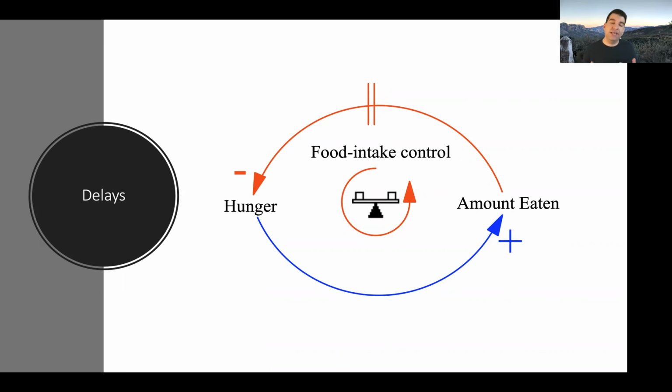You might say, you know what, I think I'm still hungry, when in reality, you have enough food to satiate your hunger, but there is a delay from the point where the food enters your system to the point where you actually experience relief from the hunger. And because of that delay, you can overshoot how much food you need to eat to relieve your hunger and overeat. So that's the big reason why we really need to formally model these delays.